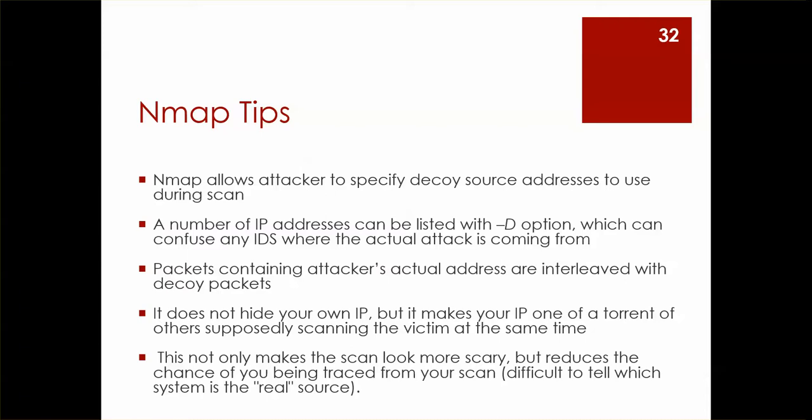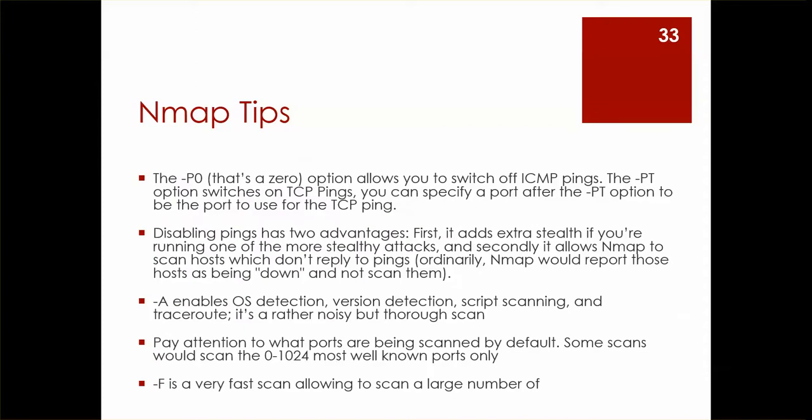The decoys we talked about: if we would like to confuse any intrusion detection, we use the -D for decoys. If you'd like to switch off ICMP pings, which are noisy, we then use the -P0. The -F is actually a very helpful scan.